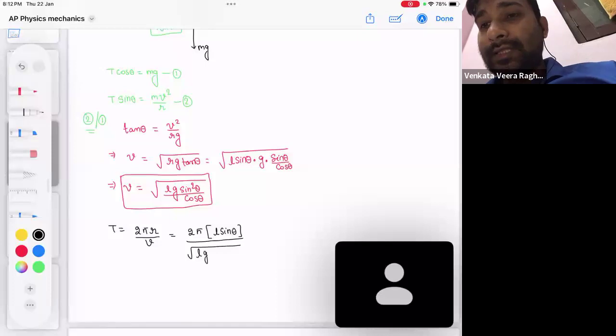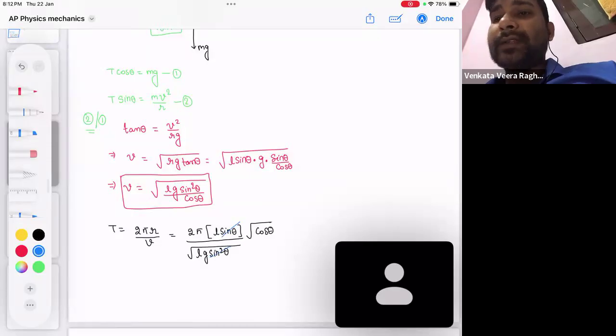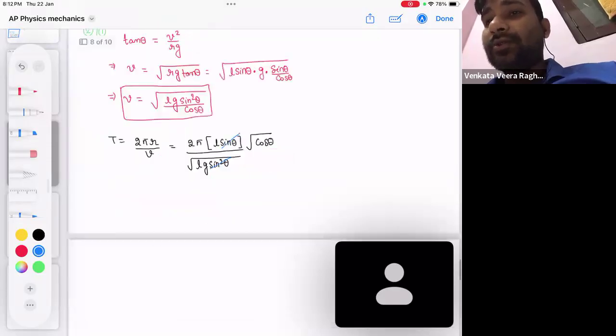So L g sine square theta and cos theta in the numerator. If you simplify it, this sine theta and the sine square theta will get cancelled out, isn't it? And further, you can cancel out root L and L also. So you are getting 2 pi under root of L cos theta divided by g. That is the time period we got.